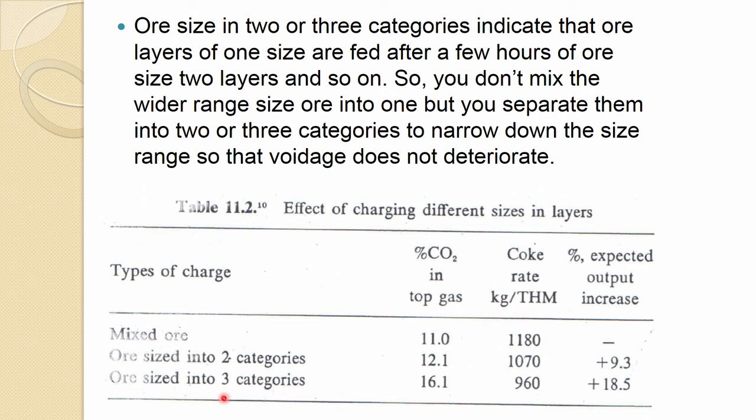If we do that way in 3 categories, it is a substantial increase in CO2 in the top gas, which means much more utilization of the reduction potential of the gas, and the coke rate has decreased again quite substantially, almost from here to 220 kg, and the output has increased by 18%.